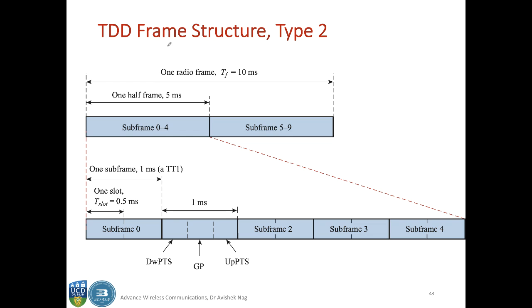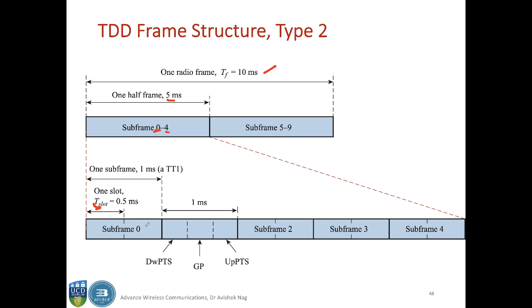So here this is the TDD frame structure. You have one radio frame of 10 milliseconds, and then you can divide it into half frames of 5 milliseconds each, and then within the half frames you can have 5 subframes. These are the nature of the subframes. The subframes are again divided into 2 slots.